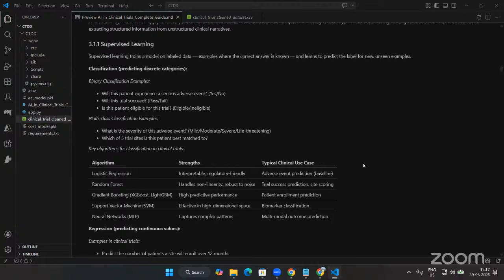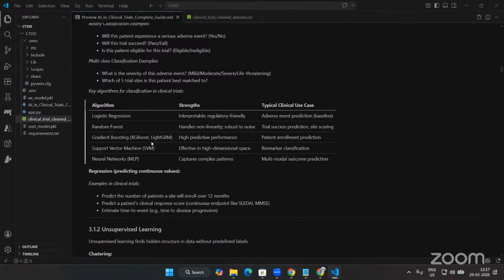Okay, now the algorithms which are used here. We have logistic regression, random forest, gradient boosting, XGBoost, LightGBM, then support vector machine, neural networks. These are the algorithms listed which can be used here. Logistic regression, the strength is interpretable, regulatory friendly.